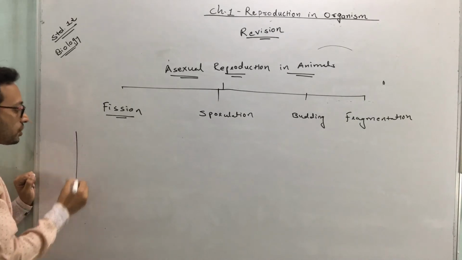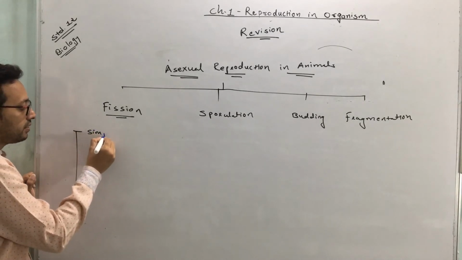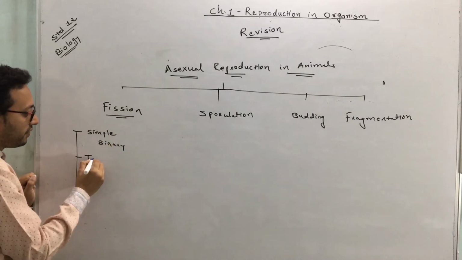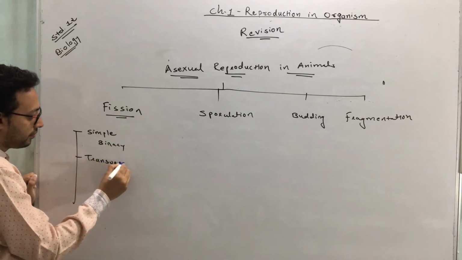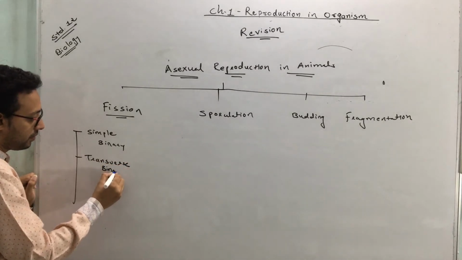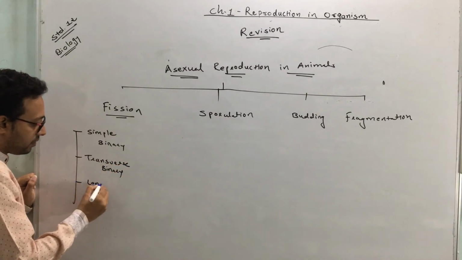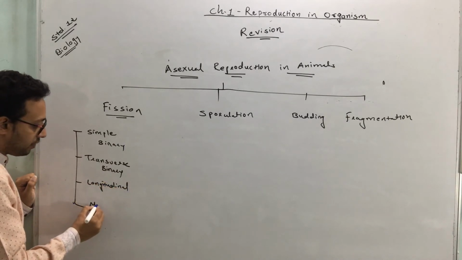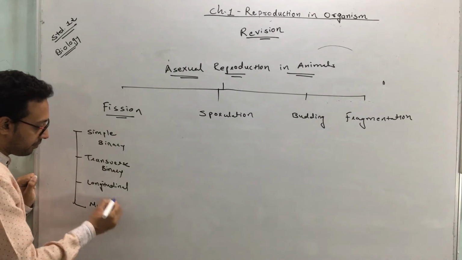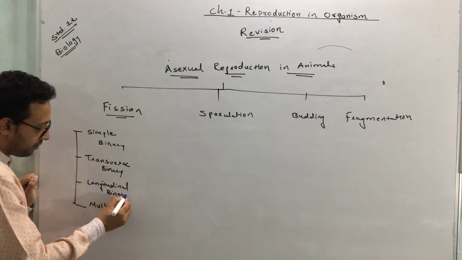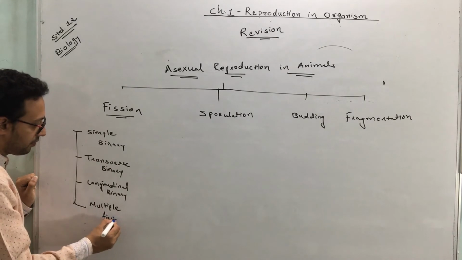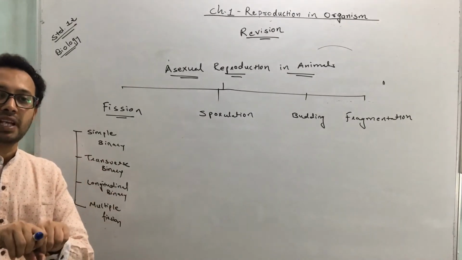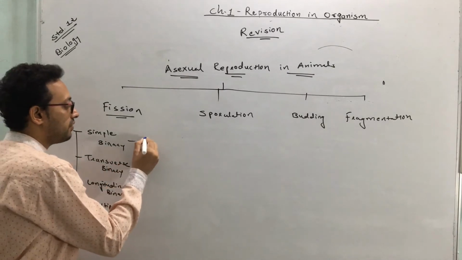Fission can happen in many ways, like simple binary fission, transverse binary fission, longitudinal binary fission, and it can also be multiple fission. In simple binary fission, the cytoplasm divides in any plane, like what happens in amoeba.